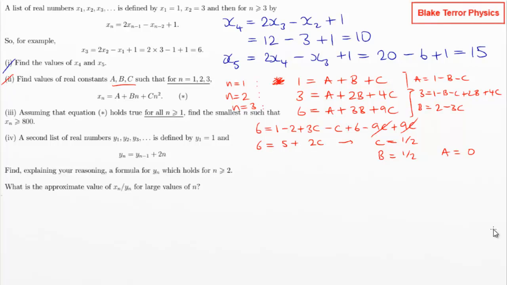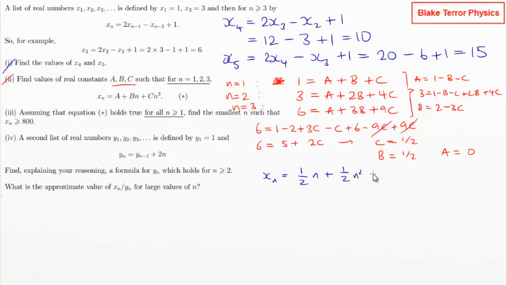Excellent. Go back to blue again. Assuming that equation star, the thing we just worked out, holds true for all n greater than or equal to 1, find the smallest n such that xn is greater than or equal to 800. Well, that's fine, isn't it? So xn, we've just worked out, a was 0, so we've got a half n plus a half n squared, and we need that to be greater than or equal to 800.